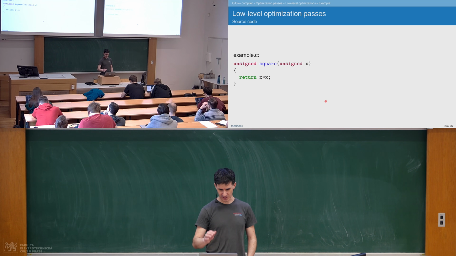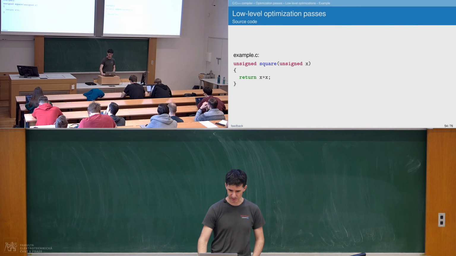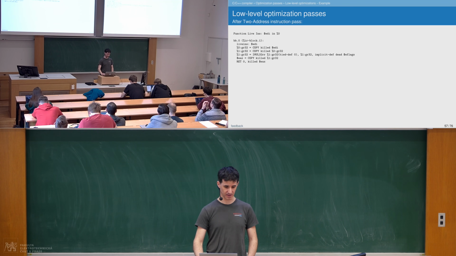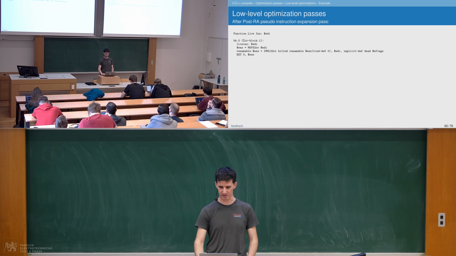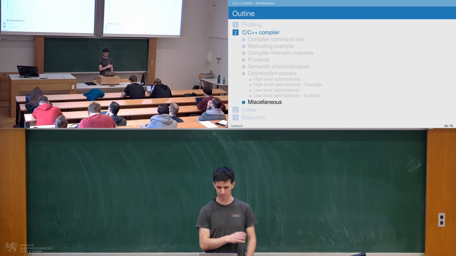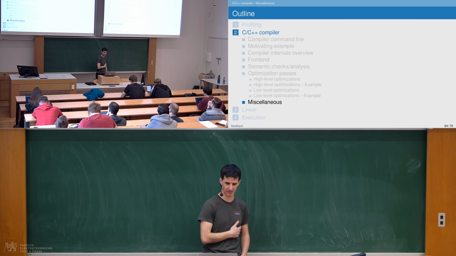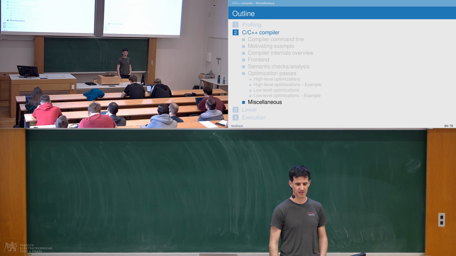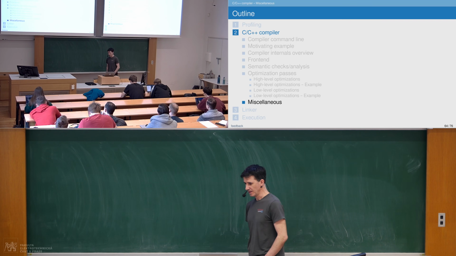I'm not going to explain all of this because it would require a lot of time. Again, here is some animation of how code is optimized and converted to assembly. So this is the compiler internals in a nutshell.